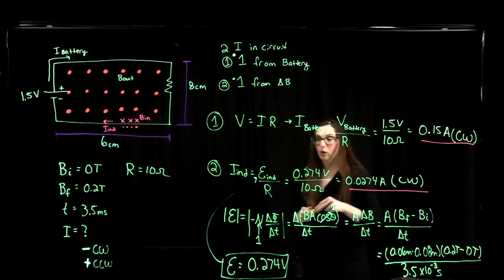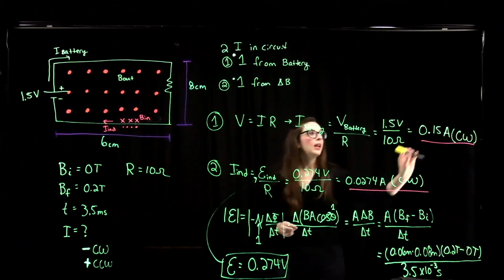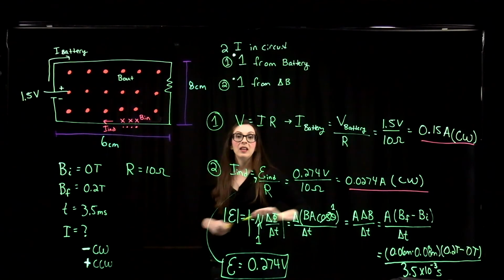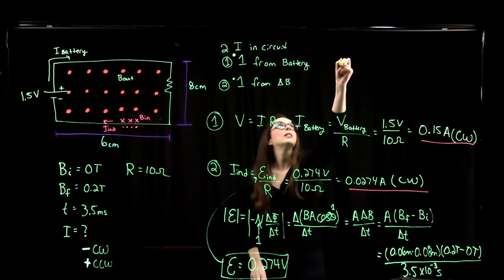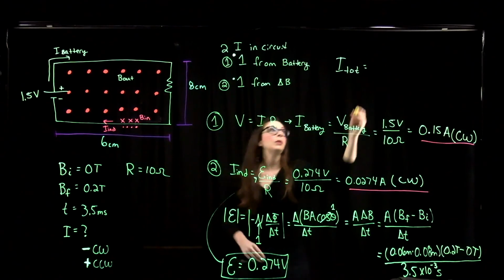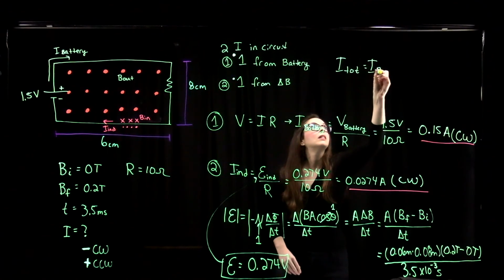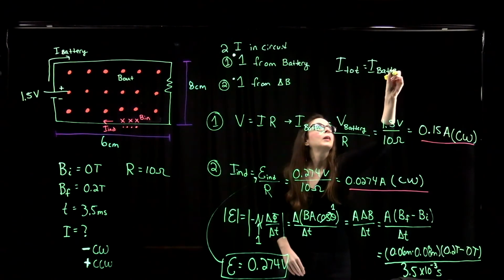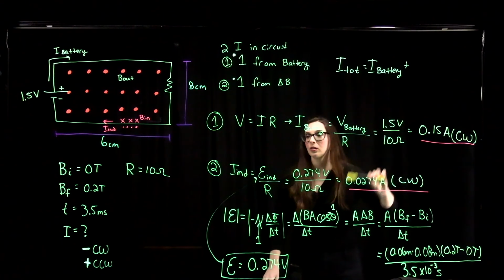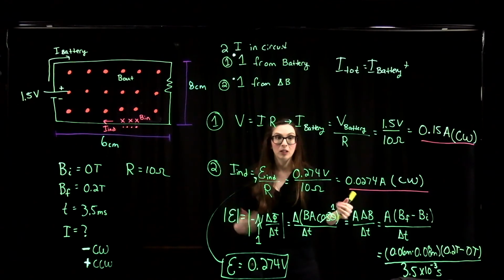All right, so if both my induced current and the current supplied by my battery are clockwise, then the total current, I total, is going to be the sum of the current from my battery and the current induced whenever that magnetic field increases.